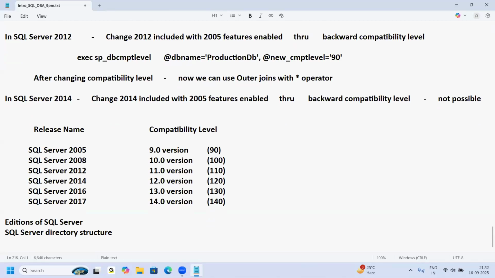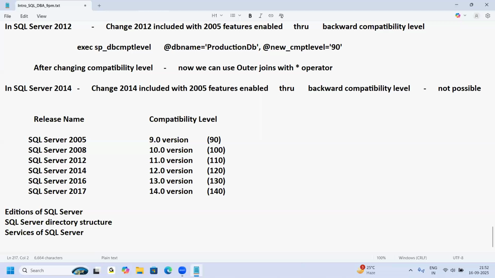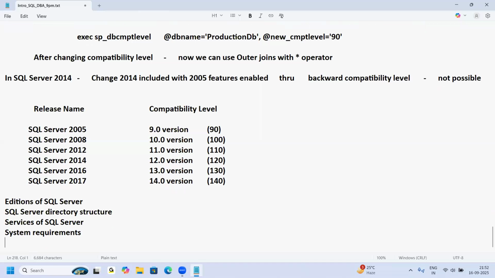And after that, I will discuss the services of SQL Server. Two services we'll learn: instance aware and instance unaware. Both I'll discuss. And after that, I'll introduce system requirements for installing SQL Server.